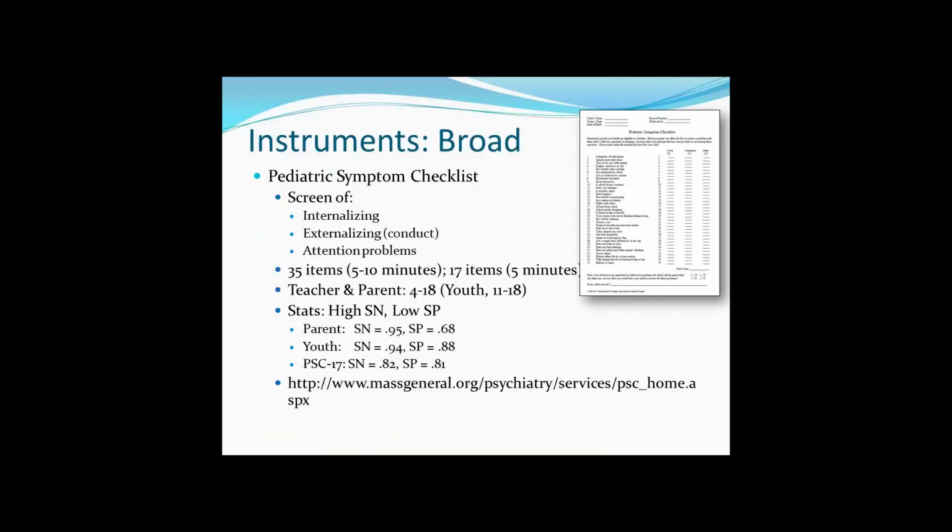It's good for either the parent or the youth to answer these questions. It has good accuracy. Again, it's downloadable from the Massachusetts General website. You can copy and paste that link, and it'll take you right to the page where that screening is. It gives a good overview of it and scoring and all that good stuff.